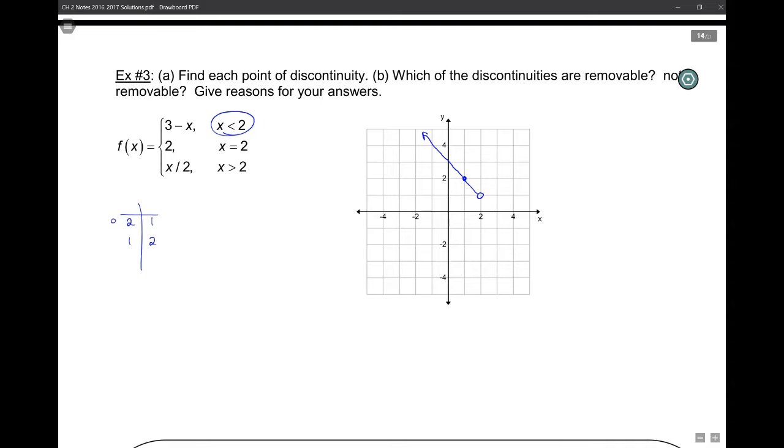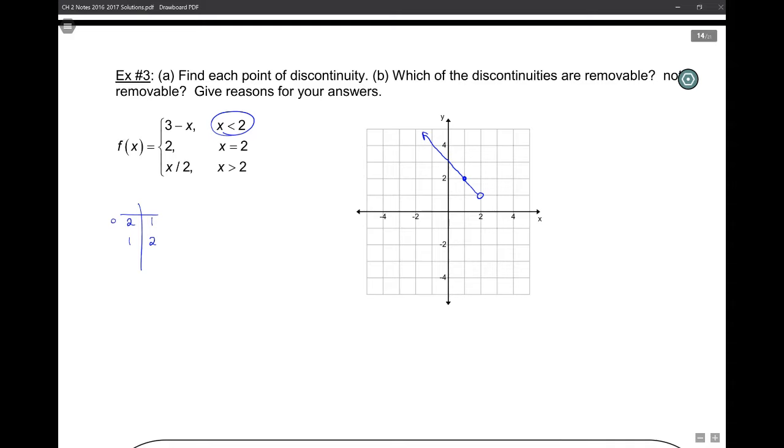The limit from the right is 1, but f of 2 is equal to 4. That's the reason. So the left and the right match up, we're good, but f of 2 is not the same.